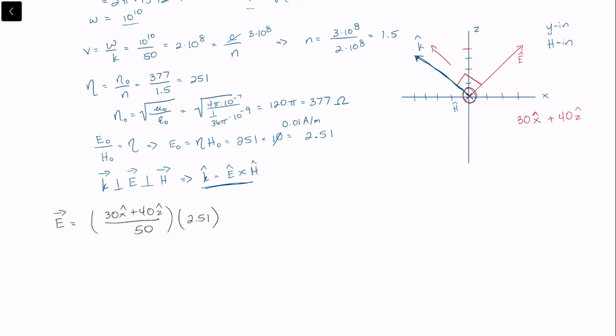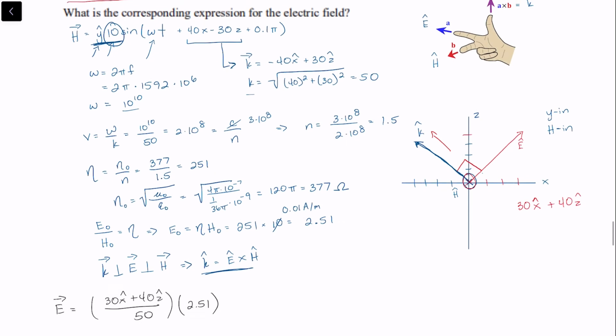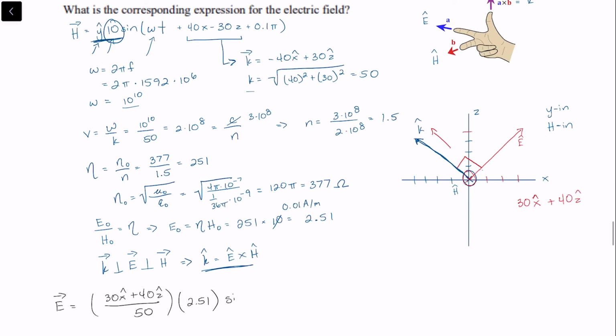And remember, the electric field and magnetic field share the same phase information because they are in phase. Therefore, we can copy the exact equation from the original question. Sine omega t, omega we found was 10 to the 10th power t, that's plus 40x minus 30z plus 0.1 pi.